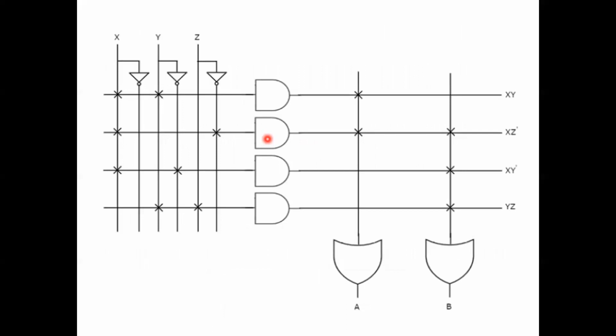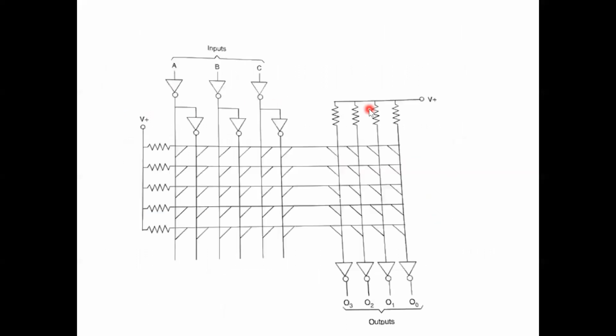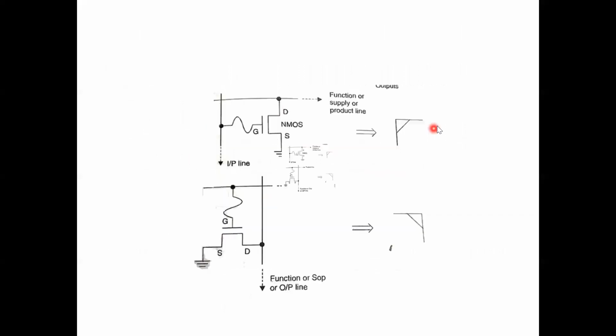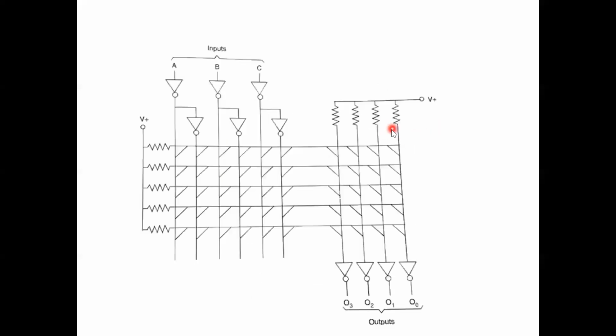So this is PLA, or programmable logic array, wherein you have both AND and OR gates. Wherever you want the connection, you just mark it by an X, which represents a switch connecting the input to the AND gate. Usually the switches will be like a transistor. See, this is a transistor. They represent the switch like this, with a slant line between the vertical line and the horizontal line.